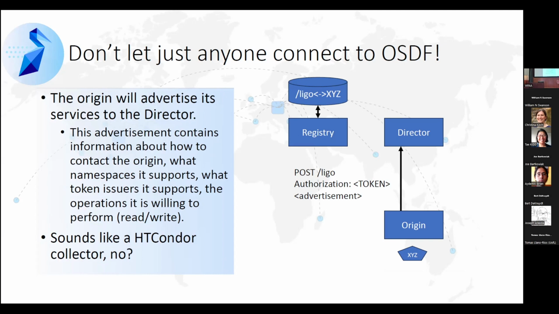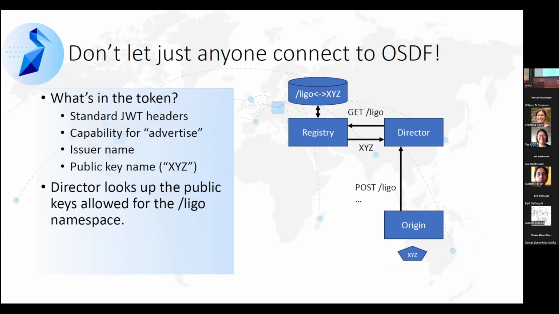The director looks at the token, talks to the registry and says, hey, I have an incoming token from XYZ. Is that really LIGO? The registry will look up in its database, decide yes or no. And in this case, I drew the okay, everything worked.